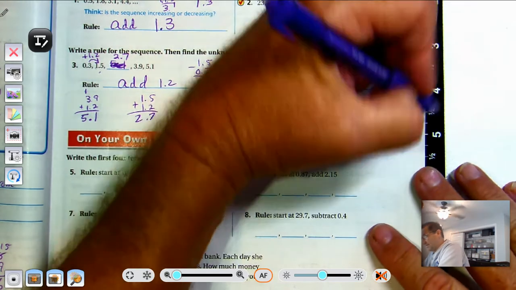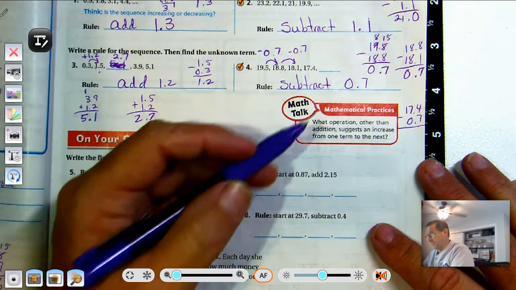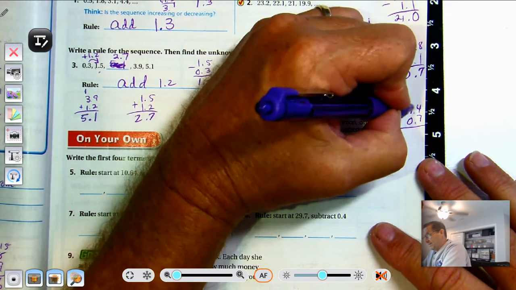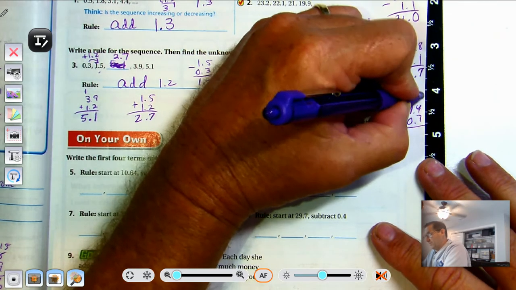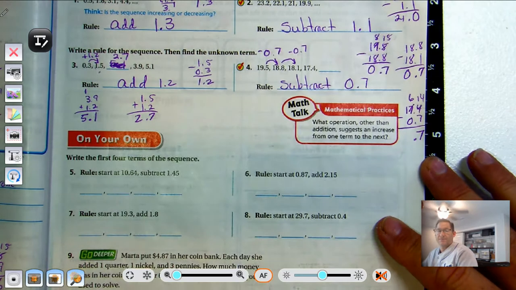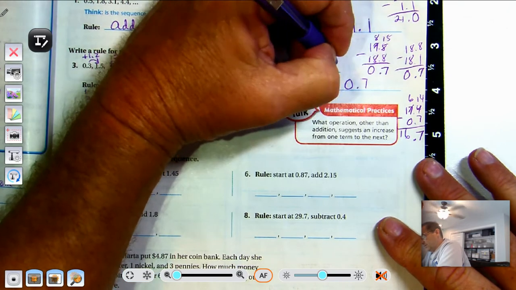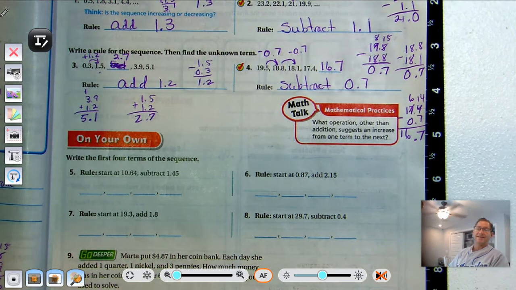So if I subtract 7 tenths, that'll tell me the missing value. I can't take 7 tenths from 4 tenths, so I'm going to regroup. 14 tenths take away 7 tenths is 7 tenths. And 16 take away nothing is 16. So the last number in our sequence is 16 and 7 tenths.